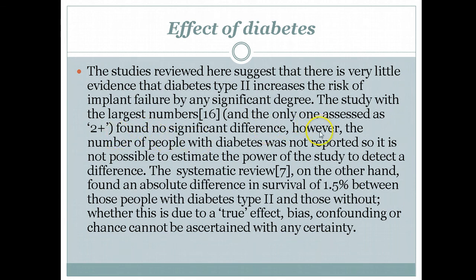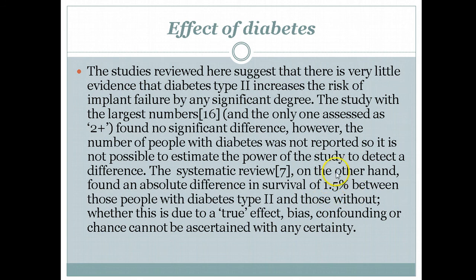However, the number of people with diabetes was not reported, so it is not possible to estimate the power of the study to detect a difference. The systematic review, on the other hand, found an absolute difference in survival of 1.5%. So there is a statistical difference, but how much difference does it make, that you will actually make it a contraindication? No. Between those people with type 2 diabetes and those without.